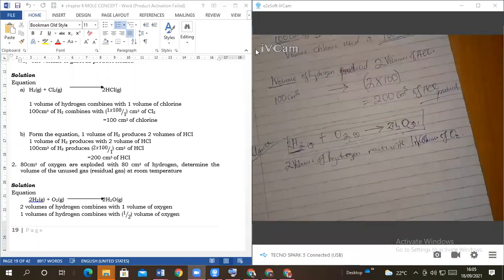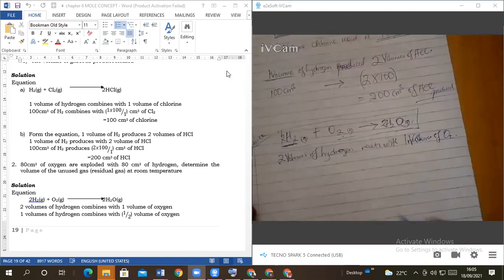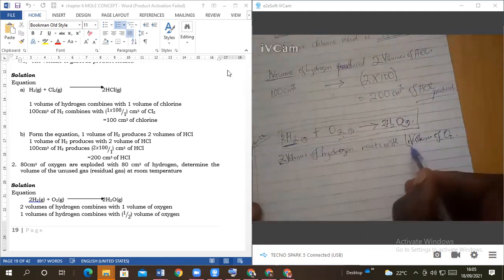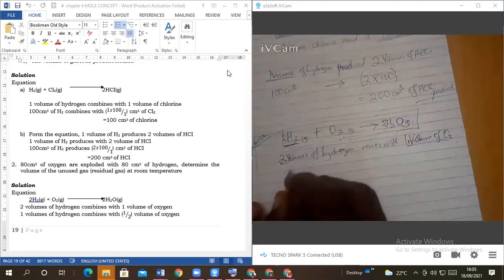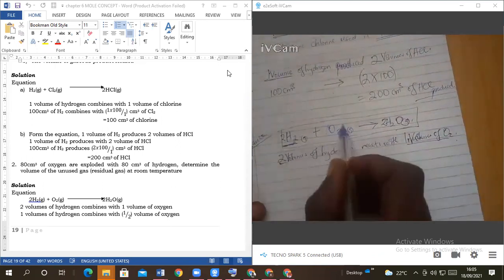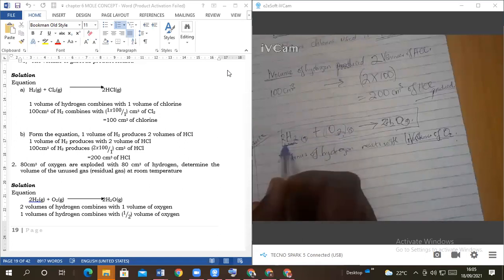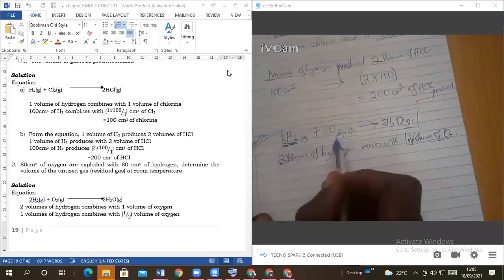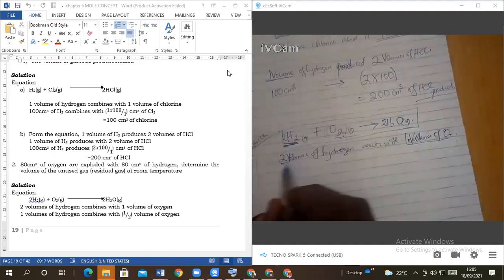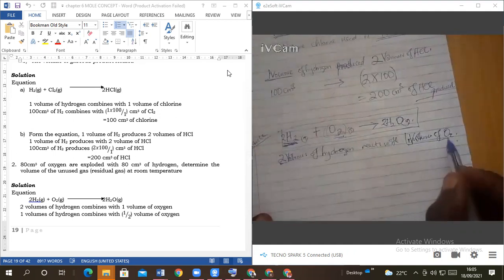Here we are having 2 volumes of hydrogen reacted with 1 volume of oxygen. Therefore, the volume of hydrogen will be much more than the volume of oxygen.